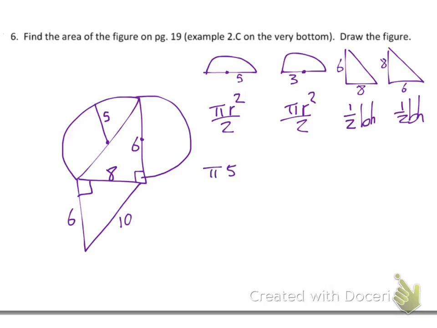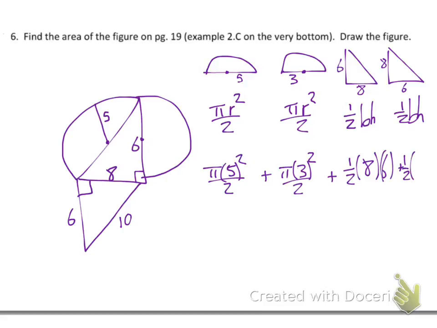Pi times 5 squared over 2 plus pi times 3 squared over 2 plus 1/2 times 6. This one's going to look slightly different because it'll say what? 1/2, and then times 8, correct? But remember, order doesn't matter. It's kind of nice that way.